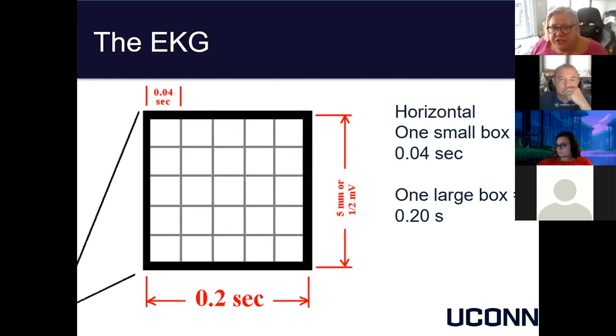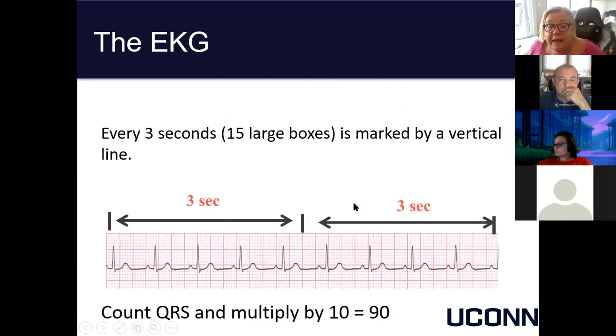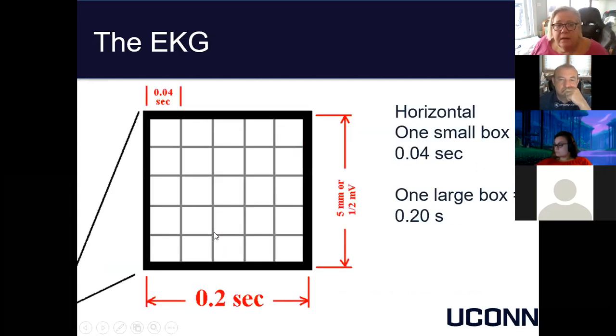Now you've got the EKG boxes, the strips, if you will. If you look at EKG paper like this, you can see it's made up of bigger boxes and little boxes. Each little box is 0.04 seconds, and there are 5 little boxes to make up the big square of a big box.